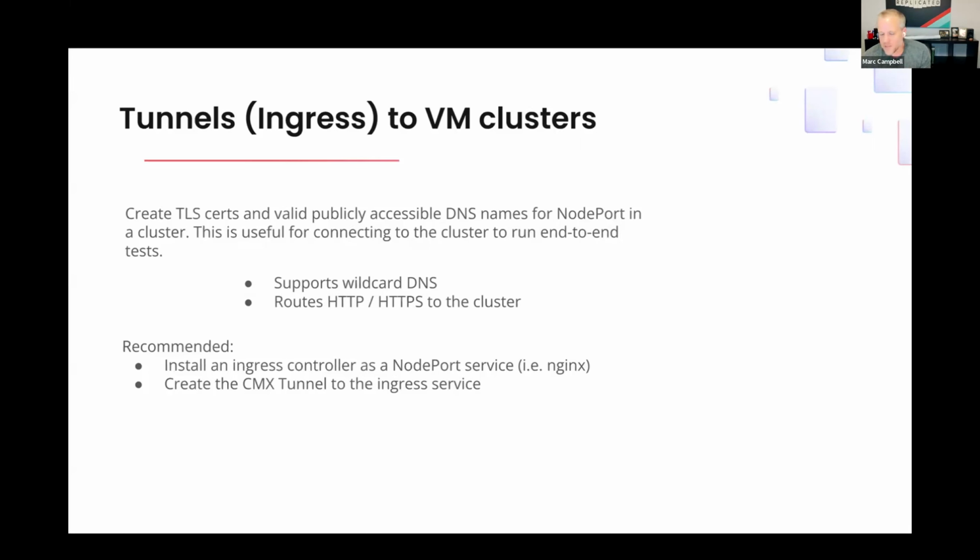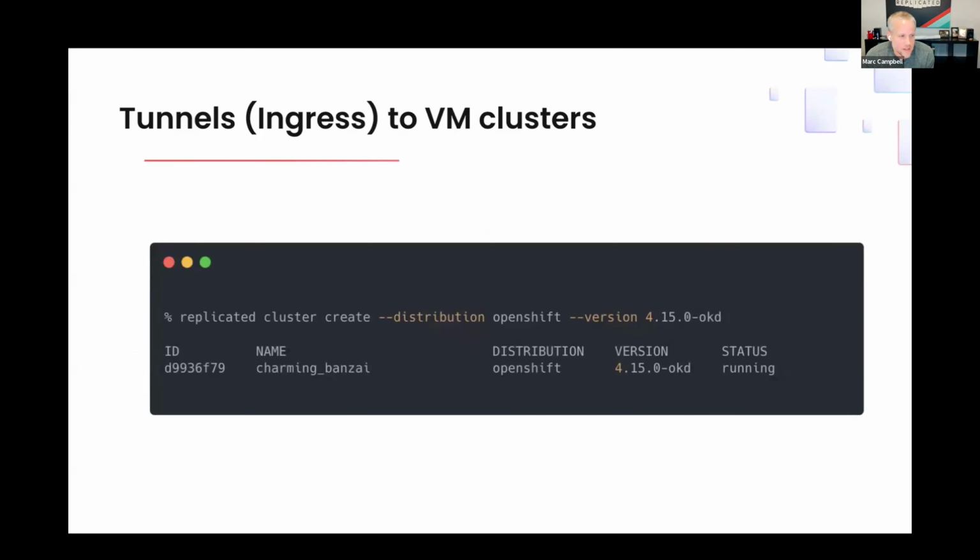The best practice that we recommend here is, you can use any node port, but a really good common pattern is to deploy something like the Nginx ingress controller, which defaults to a node port service. If you do that, you still get the path-based routing that you might want to test on your ingress controller. I'm going to show some screenshots here of a little demo of how tunnels work.